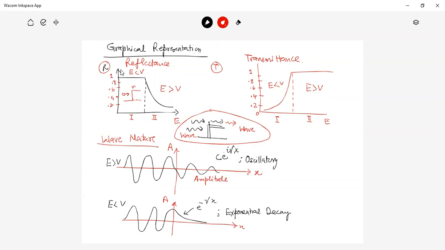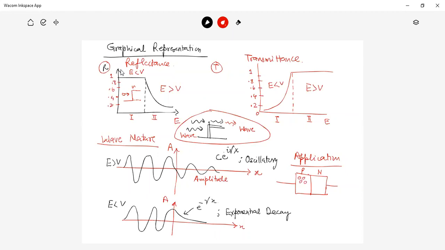Now, the application area, which is very important to understand, is when we have this kind of diode. This is a p-type and n-type semiconductor.